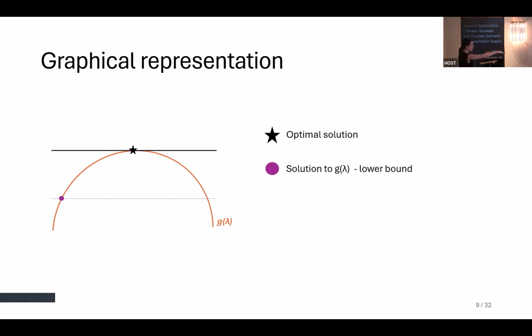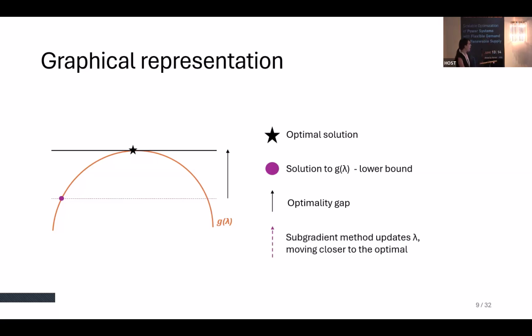The purple line is always a lower bound to my optimal solution. I define as optimality gap the difference between my current lower bound and the optimal. What the subgradient method does is update lambda so that we move from here to there, to there, to there. Gradually, the optimality gap is diminishing, and we are approaching closer to our solution.